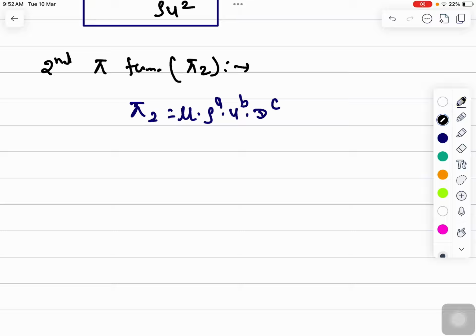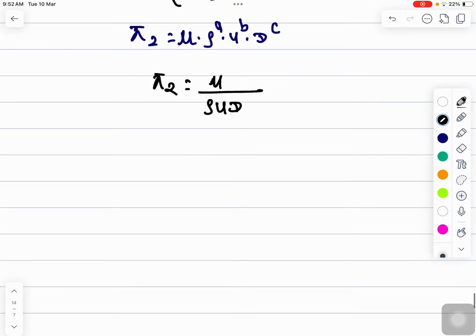If you calculate all of these, you will get pi 2 equal to mu divided by rho u d, and that is called the Reynolds number. So you got pi 2 as your Reynolds number, that is another dimensionless number.